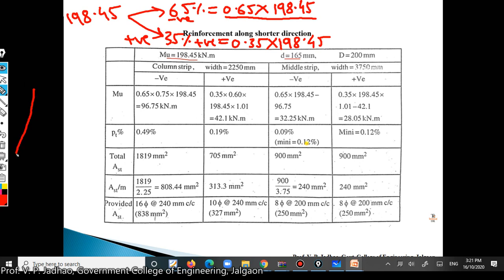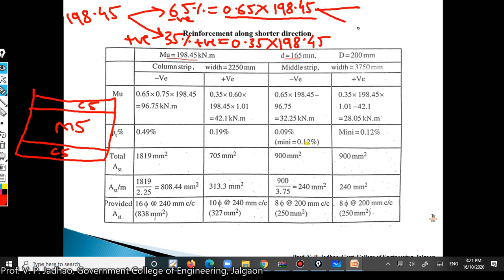Because if this is your flat slab, this will be the column strip, this is your middle strip, and this is your column strip. Okay, now this is the negative bending moment, 0.65 into 198.45. Now this will be distributed among your column strip and middle strip.